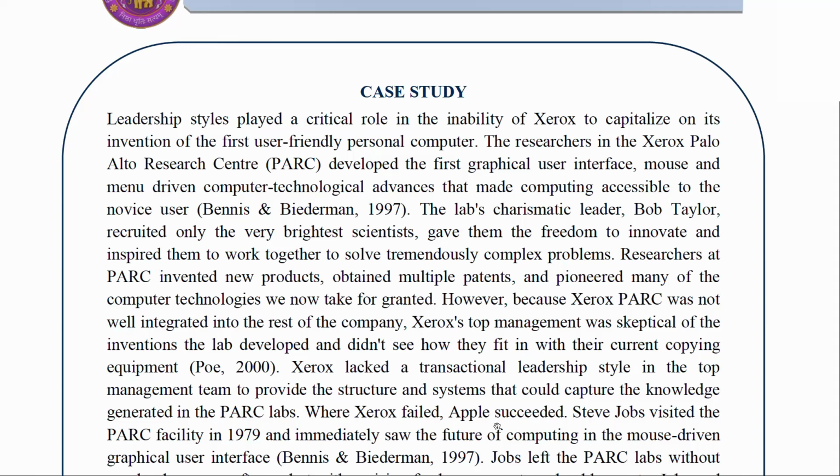However, because Xerox PARC was not well integrated into the rest of the company, Xerox top management was skeptical of the inventions the lab developed and didn't see how they fit in with their current copying equipment.